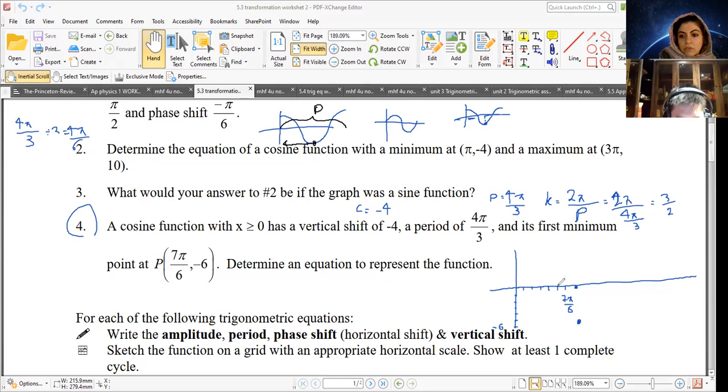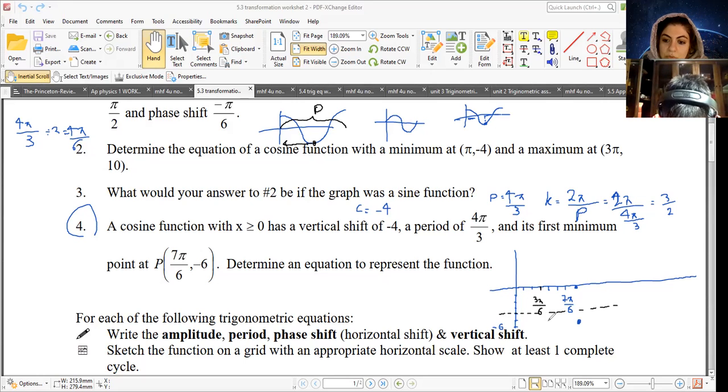So 1, 2, 3, 4. Here is going to be my maximum. 1, 2, 3. It's going to be 3 pi over 6. Since it is shifted -4, your axis of symmetry is at -4. 1, 2, 3, 4, right? This is your axis of symmetry.